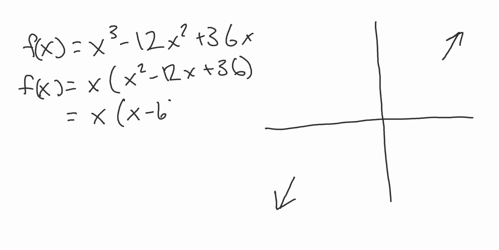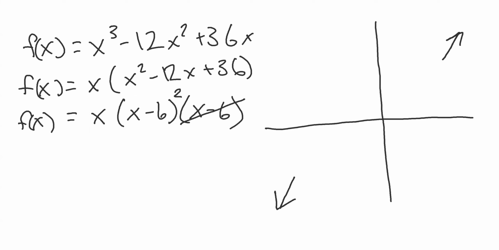Yeah, I think that's x minus 6 times x minus 6, and we can just write that as x minus 6 squared. All right, so our function f of x equals x times x minus 6 squared.